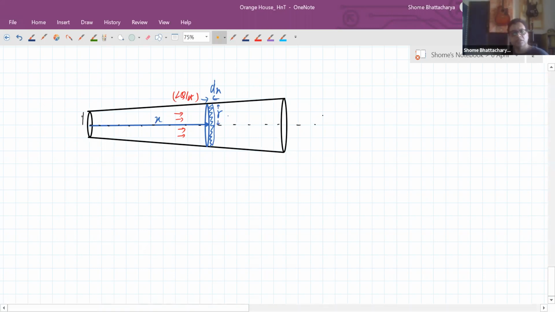Whereas here you can see the radius is a, and here you can see the radius is b. So you can understand that the radius is varying with the x coordinate like this, like I'm showing next.